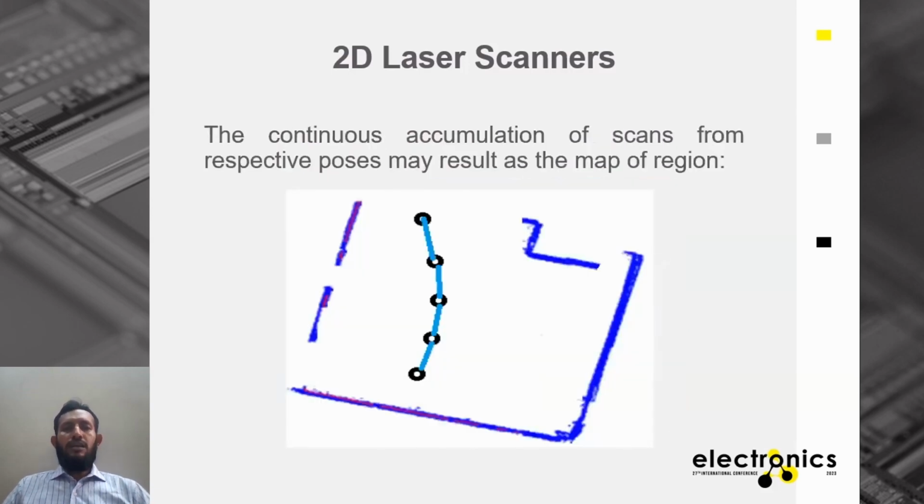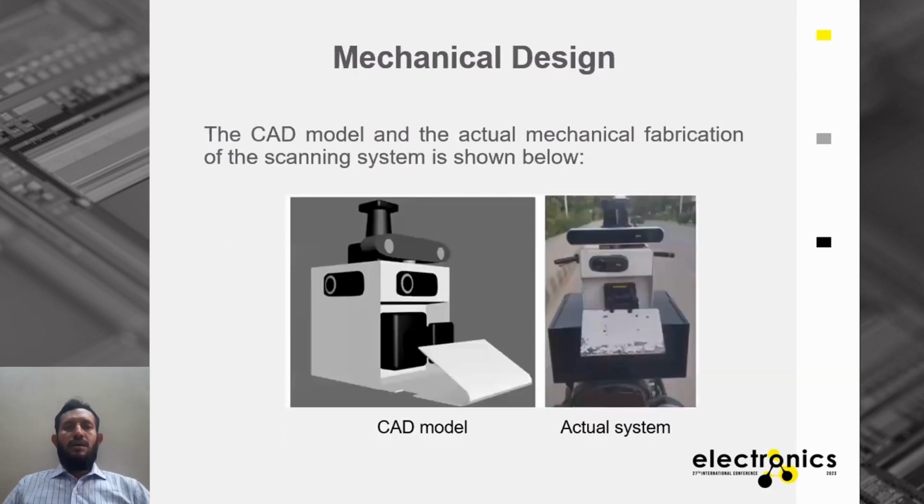If we compile all these scans from different positions in the surveyed vicinity, for example, here the black dots represent different positions from where we are taking the different scans, we can compile the complete map of this environment. So using this theoretical knowledge, we first developed this CAD model of our mechanical system.